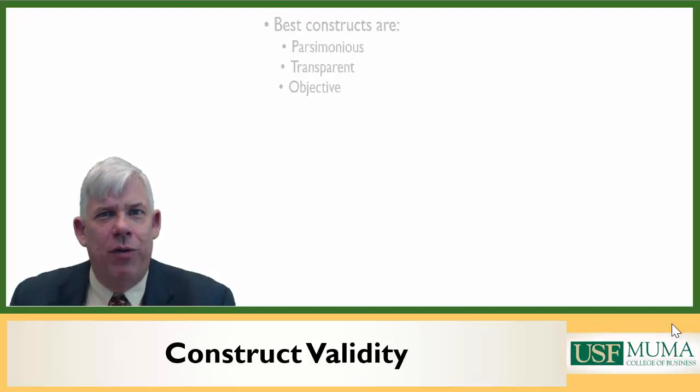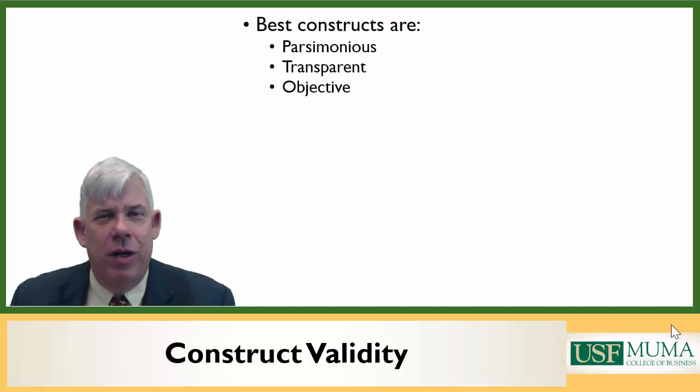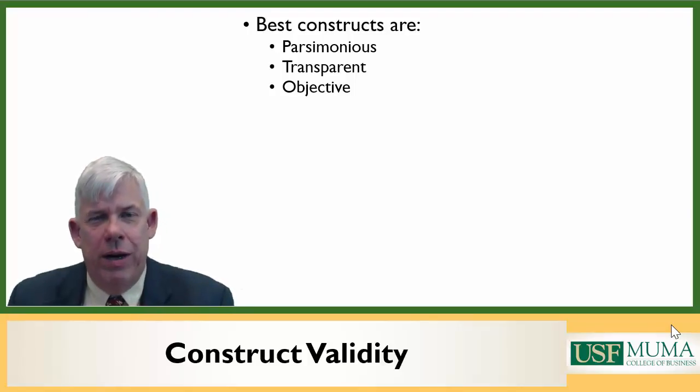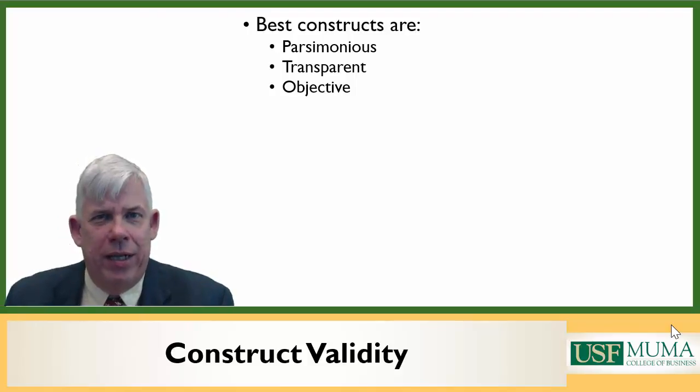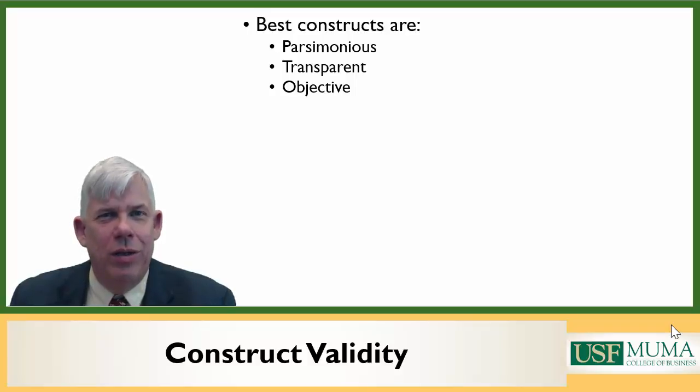So, like all forms of research, the best constructs are parsimonious. You don't have too many of them. Transparent, you can show how they were created. And objective. They don't depend upon your saying, well, I'm sure the world operates this way. And if a construct has those three characteristics, then you're well on your way to getting construct validity.